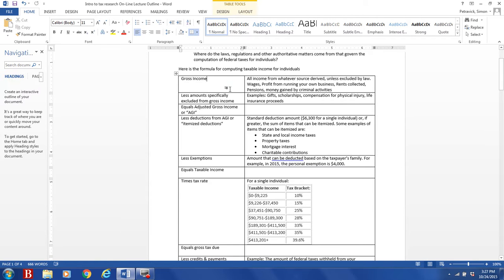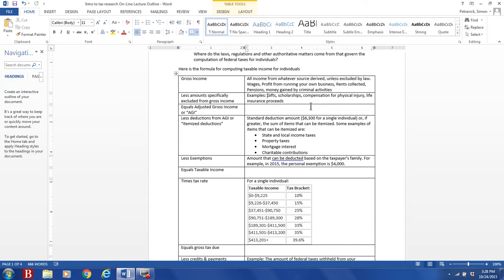So once all the income is known, there is a second section that says some of those amounts that you received can be excluded. So for example, gifts, scholarships. If you were injured and received compensation for that injury, that would be excluded.